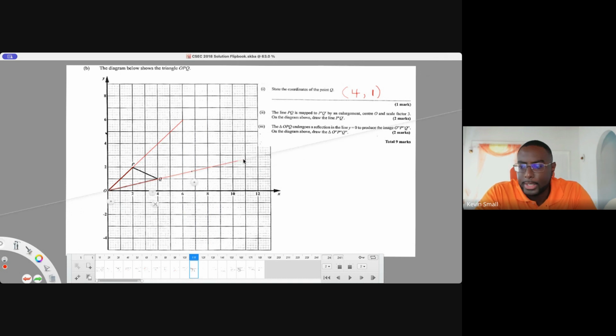All right, my diagram's a little off. But obviously, when you guys have it on the actual graph paper, it should be as accurate as possible. It's just that mine might be a little off. All right, so let's see. Okay, cool. And hence the answer that they are looking for, O P prime, Q prime, would be this line here.